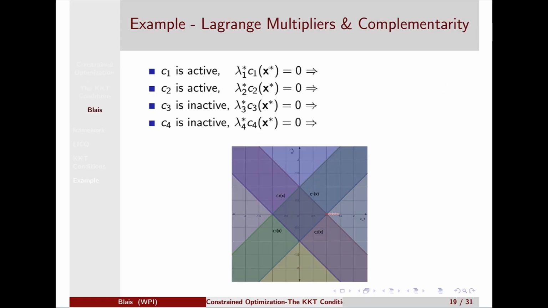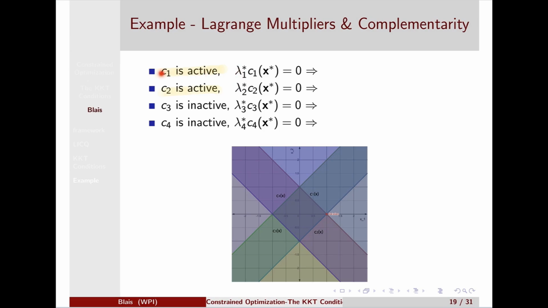Now let's come back to our active and inactive constraints. So remember that C1 is active and C2 is active. So what does that tell us about the Lagrange multipliers? Remember that the idea of this complementarity condition really is that you can treat the Lagrange multiplier like an on-off switch.